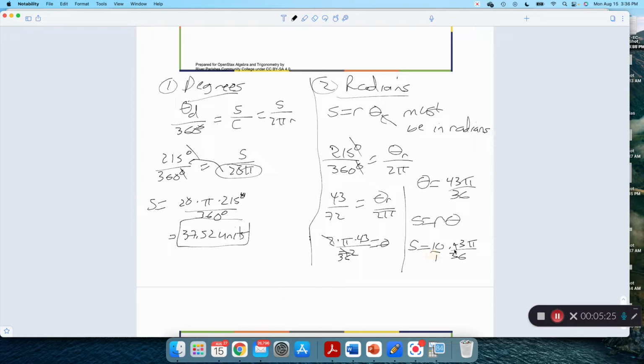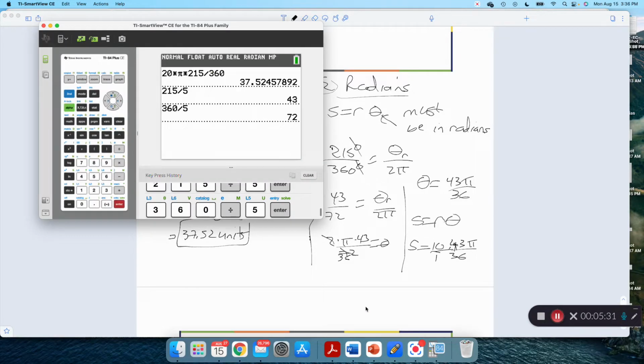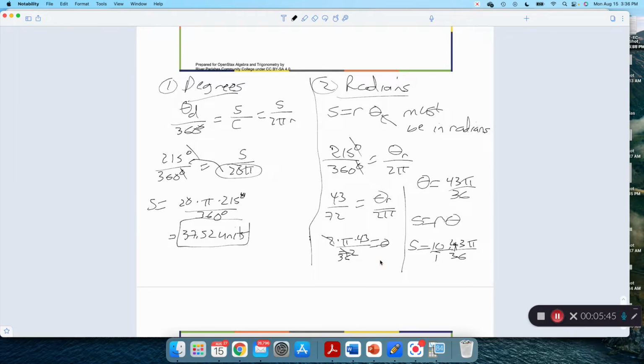I could make that 10 over 1 and just multiply across the top and across the bottom. So 10 times 43 pi divided by 36. And look at that, we get the same answer: 37.52 if we round to two places.